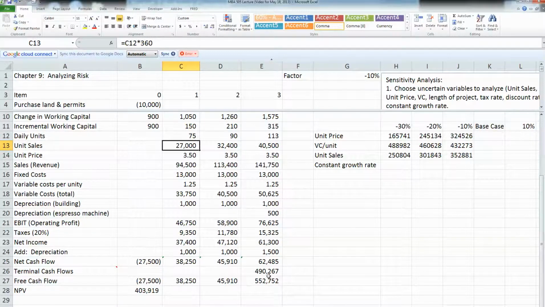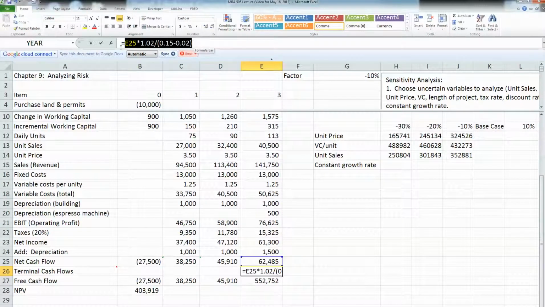And now I want to adjust this constant growth rate in my terminal cash flows. But you can see I just hardwired my growth rate into this formula, and I shouldn't have done that because I can't easily change it with this factor. And I'd like to be able to easily change it with the factor. So what I'm going to do is create a separate cell that has the constant growth rate in it that I can easily change and link it to the proper places in the formula.